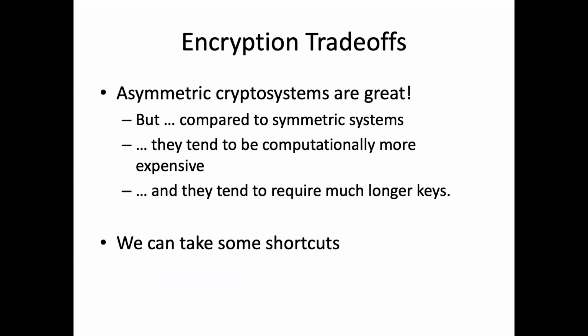Asymmetric crypto systems let us do a lot of neat things, but they tend to be computationally more expensive than symmetric crypto systems. We kind of saw evidence of this already. We looked at a key that we used in AES, and it was 16 bytes long or so.